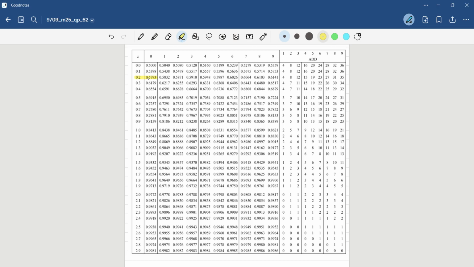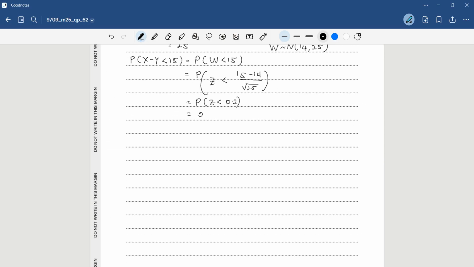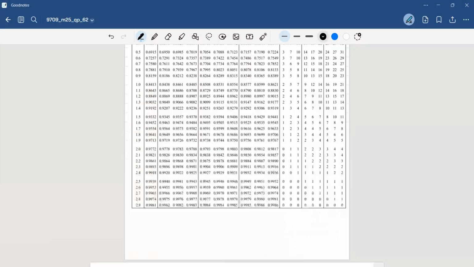So your final answer will be 0.5793. You can give your answer as 0.5793; three significant figures is also acceptable. That will be question number 1.